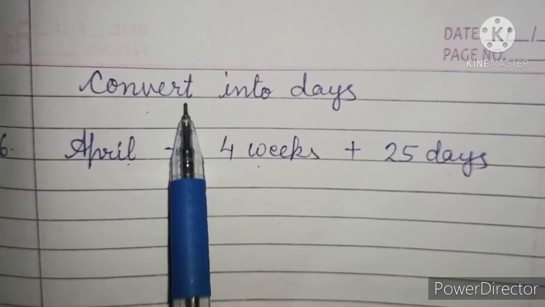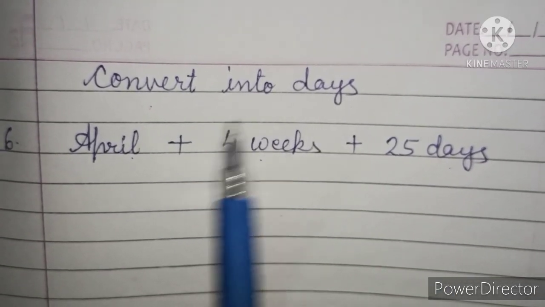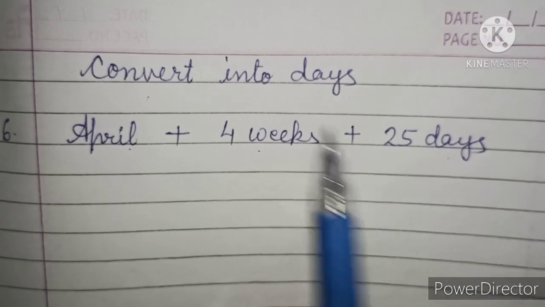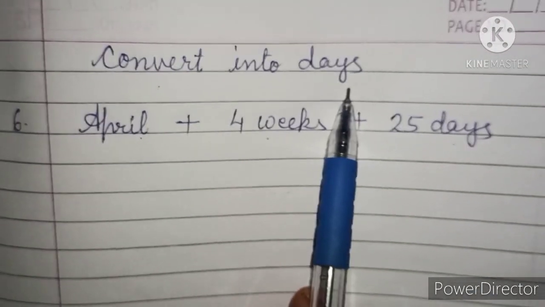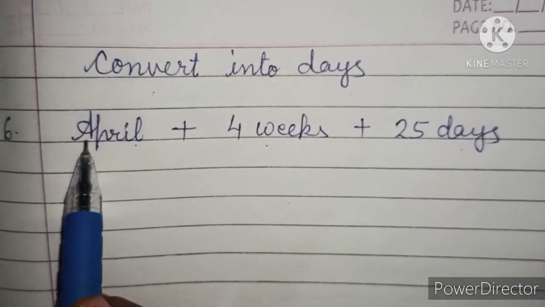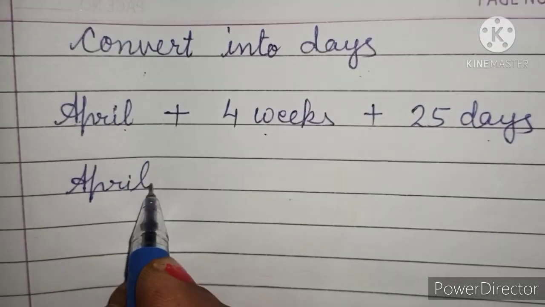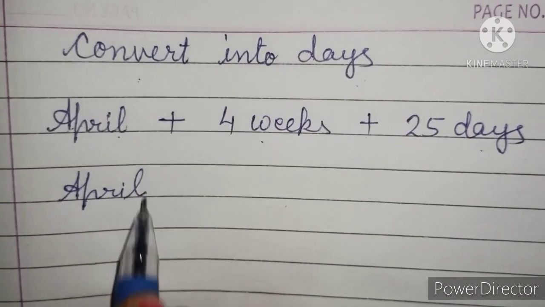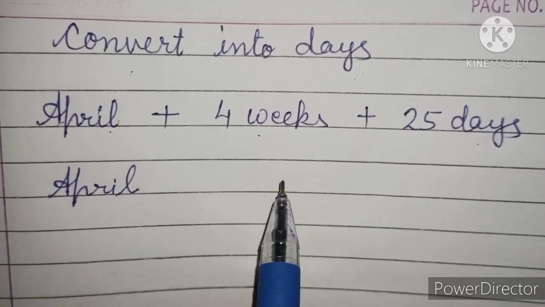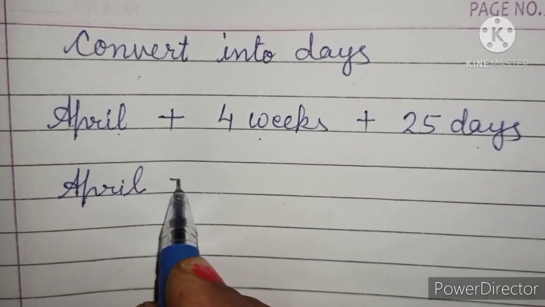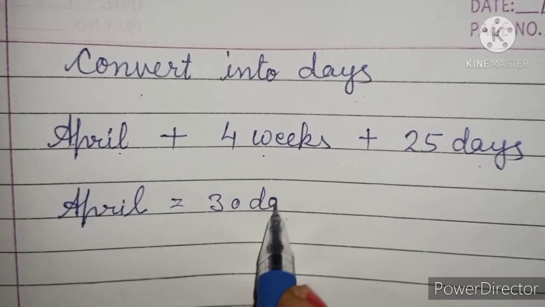This question we have to convert into days. Okay children, first we have to write April here. Now tell me, how many days are there in April? 30 days.